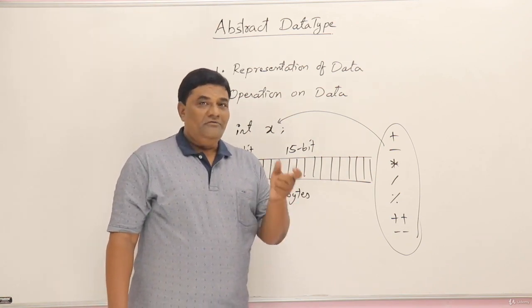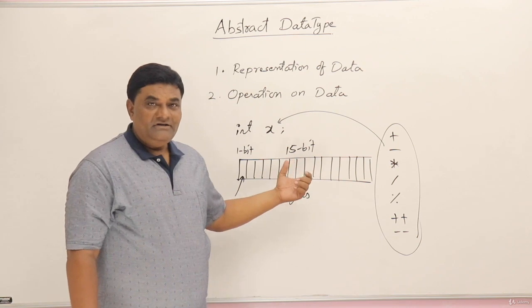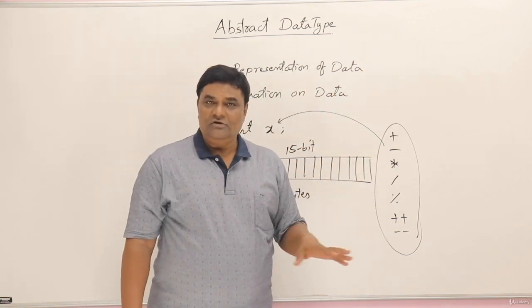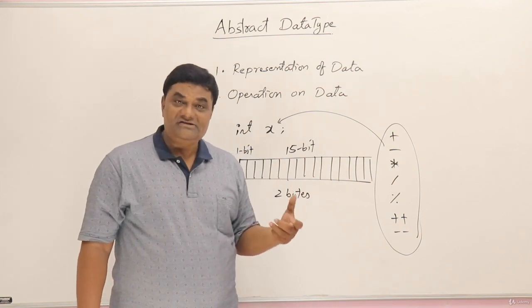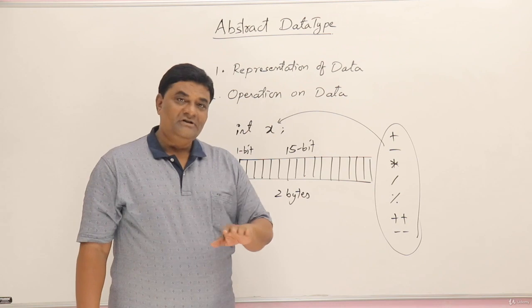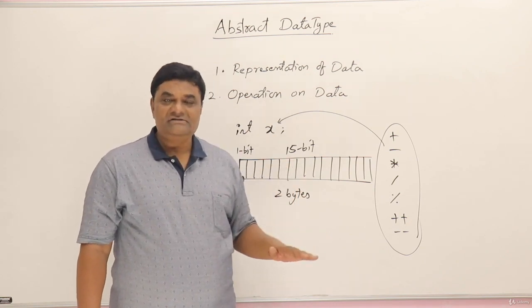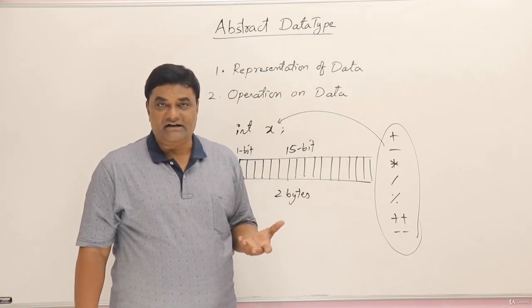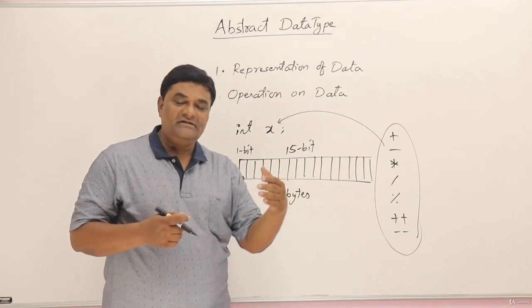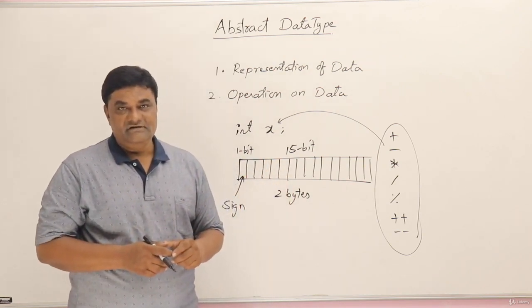No. We are concerned about declaring a variable and using it by performing these operations. So we need not know internal details of how these operations are performed. Without knowing them, we can use them. These things are hidden from us, so we can call them abstract. Internal details are abstract for us.